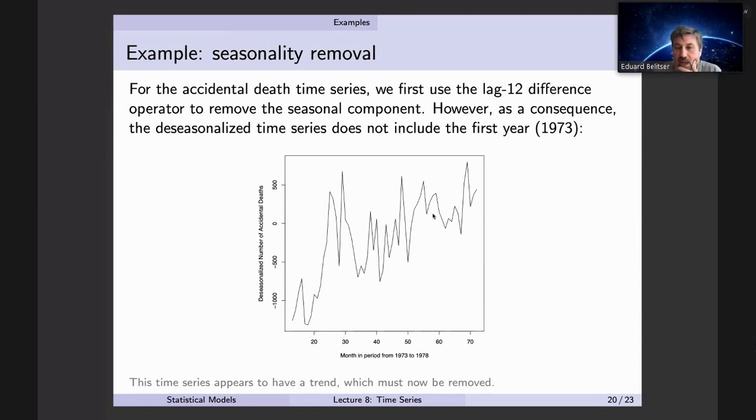If we do that and have a look at the result of application of the difference operator, we will get this. And clearly there is a trend here. So we removed the seasonal component, and then we see that there is a trend. Okay, well, probably the next step would be to remove that trend as well.